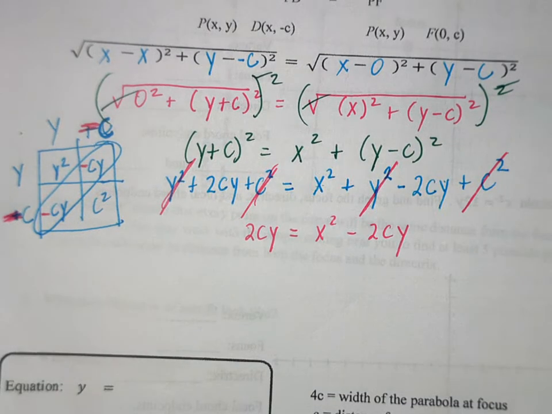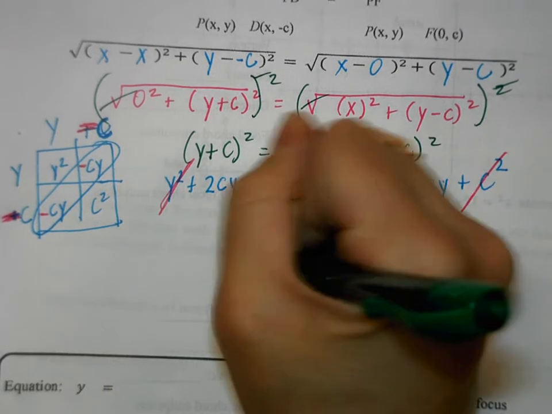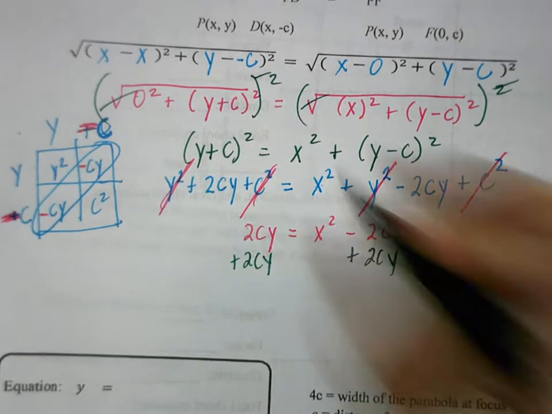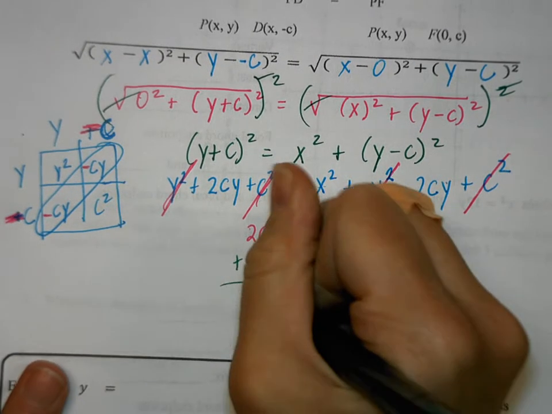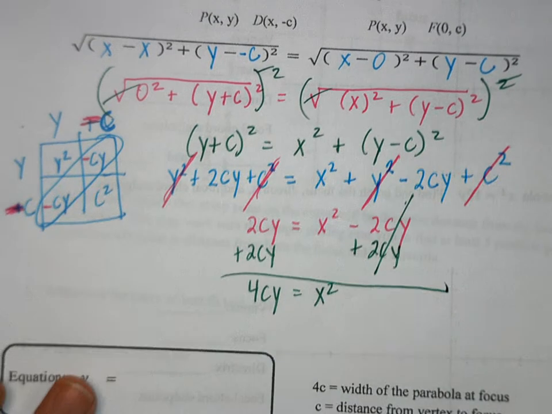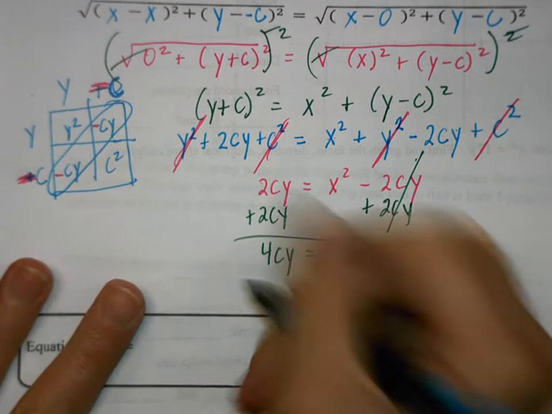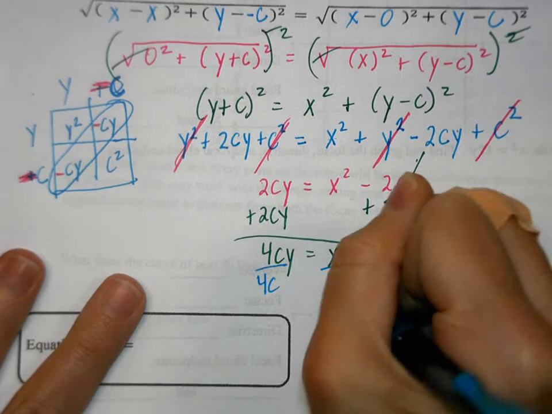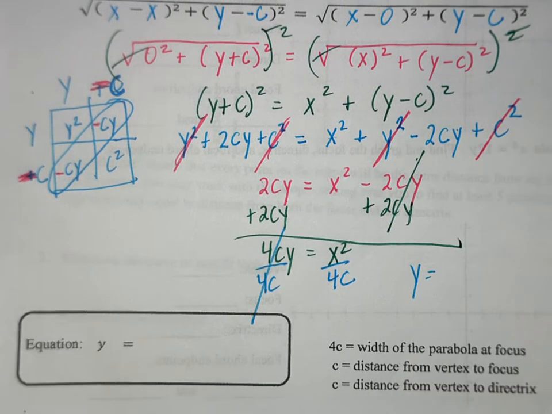What should I do now? Good. Add 2cy to both sides. 2 plus 2 is 4cy equals x squared. And in order to get y completely by itself, what will I do? And now y is by itself, and I would write this as y equals, we always pull out everything in front of the x squared.